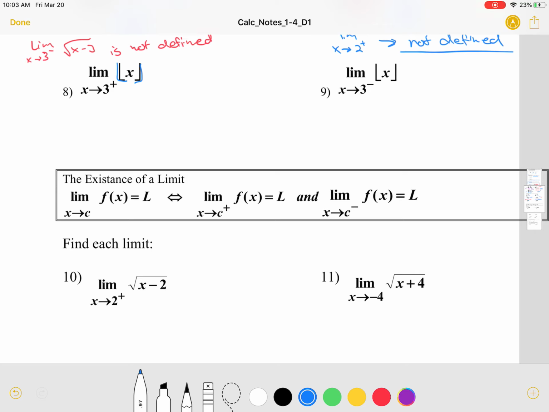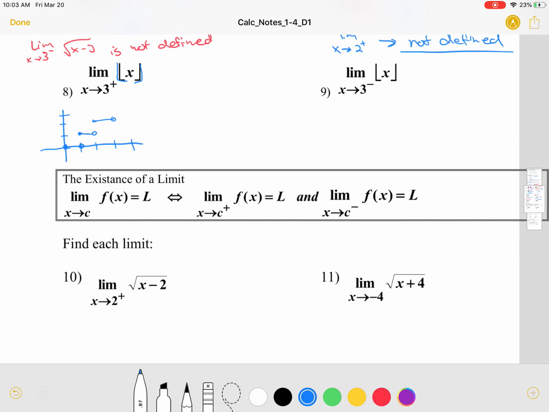So if we look at this one, we sketch out a little graph. We're going to have those steps. This kind of graph gives us those steps, where you come up, and it should look something like that.